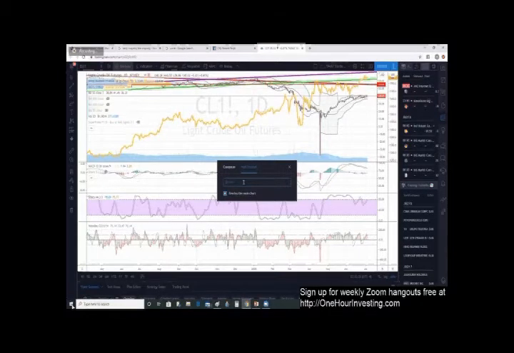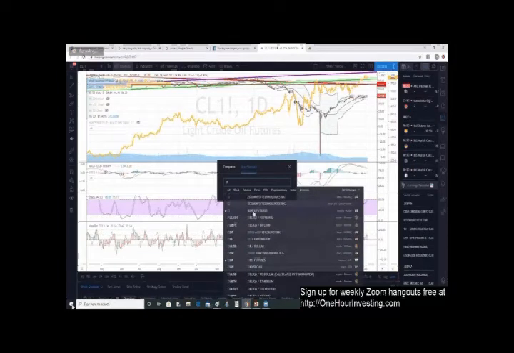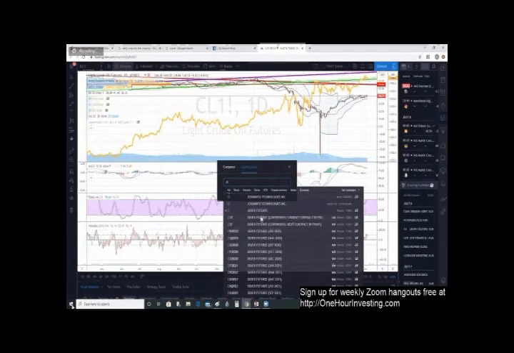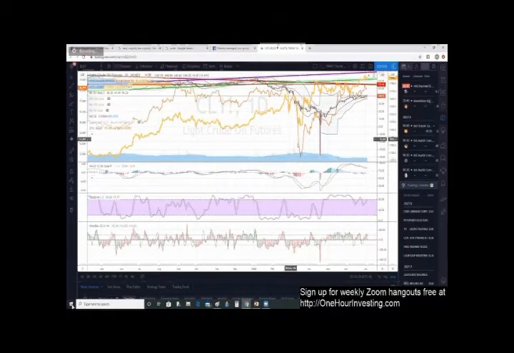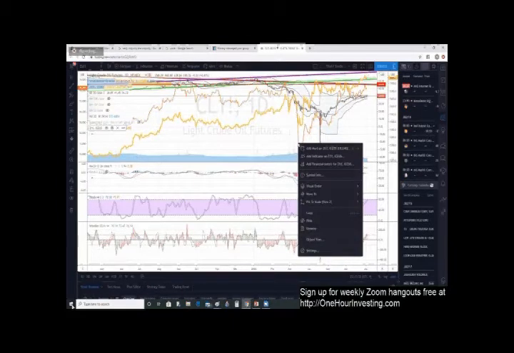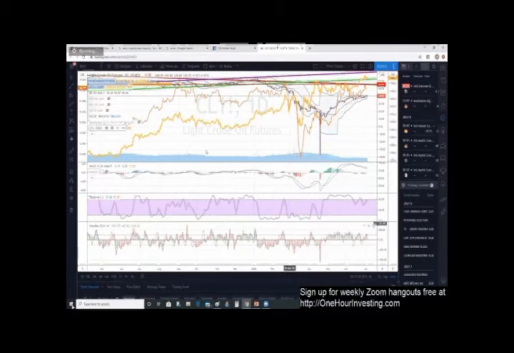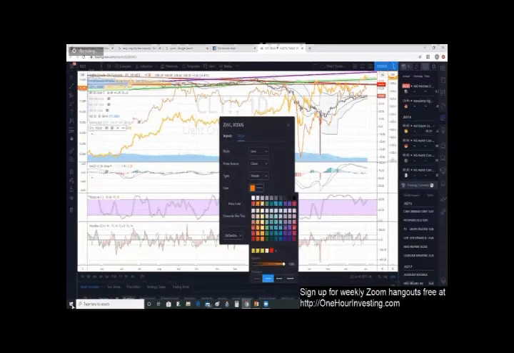Let's put silver. So I'm going to put silver futures, SI1. So it's the front month contract of silver. And I'm going to change the color, make it silver, and make it thicker so you can see it.